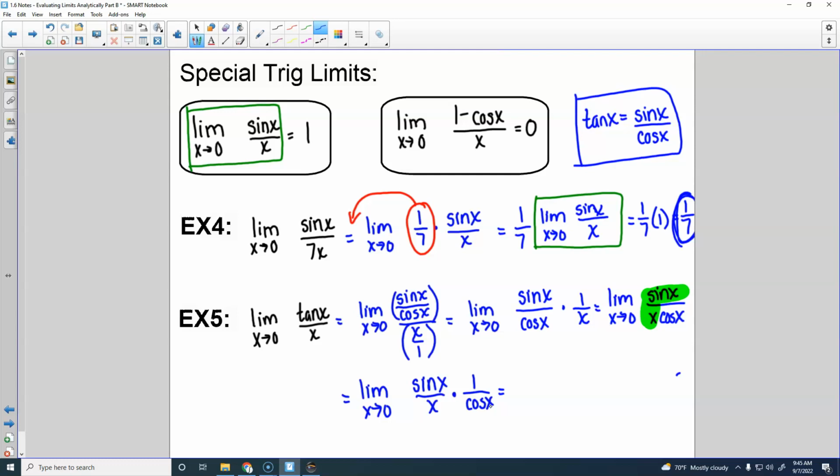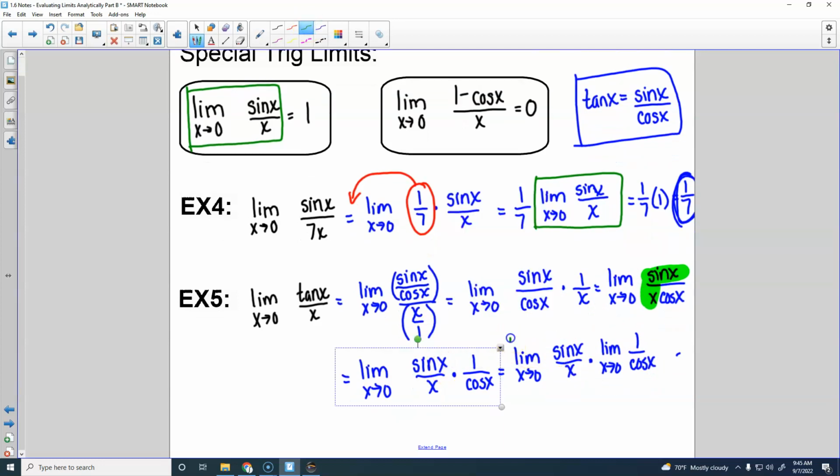But limit properties also tell me if I have two things that are multiplied, I can just take the limit of those two things separately and multiply them together. So that means I could write it like this. Limit as x approaches 0 of sine x over x times limit as x approaches 0 of 1 over cosine x.